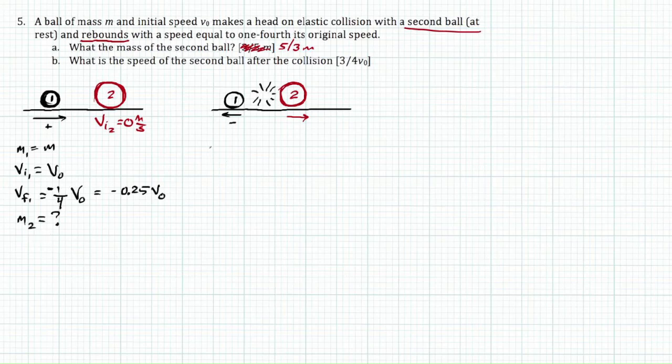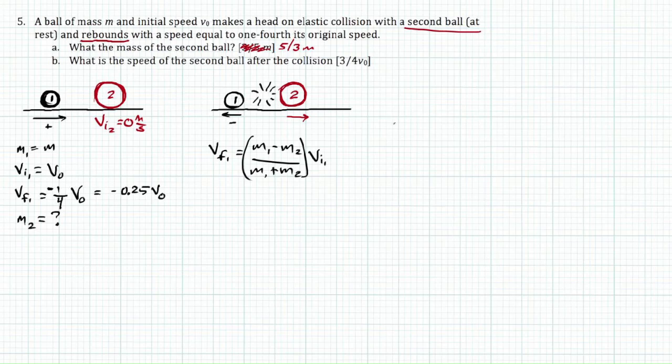We can say that the final velocity of object 1 equals (m1 minus m2) over (m1 plus m2) times the initial velocity of object 1. Okay, that's one of our options.